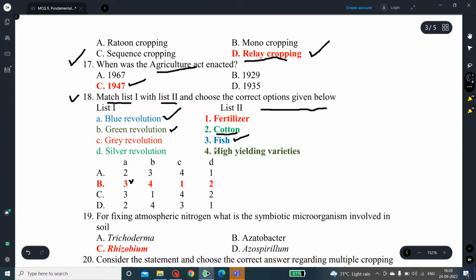And I'm sorry friends, extremely sorry. And Green Revolution is the high yielding varieties. So for the B, option is 4. And Grey Revolution, the fertilizer production is concerned.